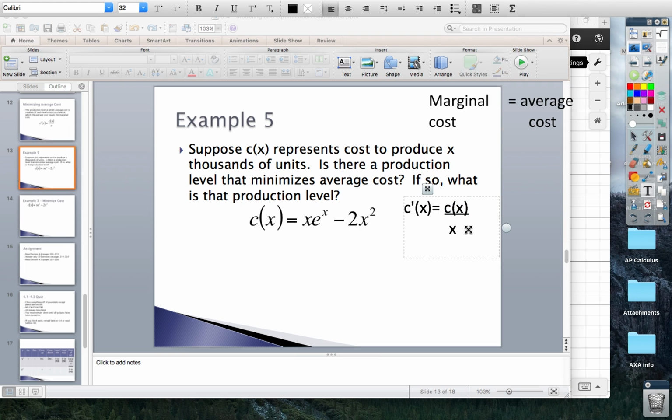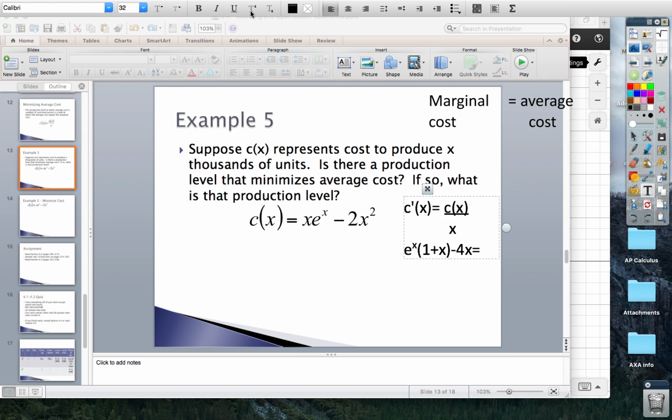Now, the marginal cost here is the derivative of x e to the x minus 2x squared. So that's going to give us e to the x times 1 plus x minus 4x. That's going to be our marginal cost. Our C of x, we were already given.